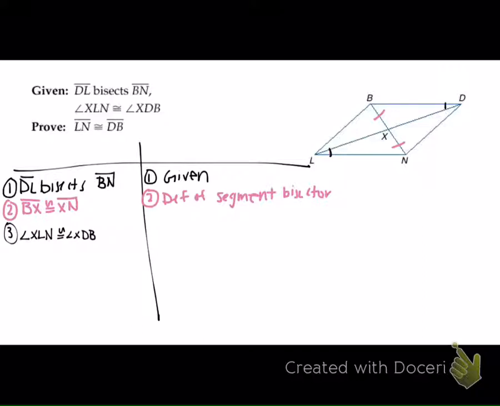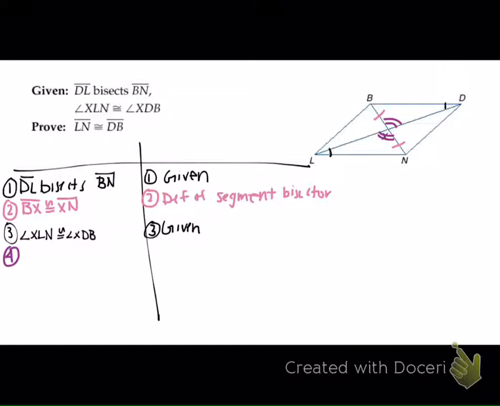So what's another piece of information we can pull from that diagram that would be helpful for us? What can we pull from that diagram? We have vertical angles. So, Alana, you can do this. Name the angle correctly. BXD, perfect. That's one of them.